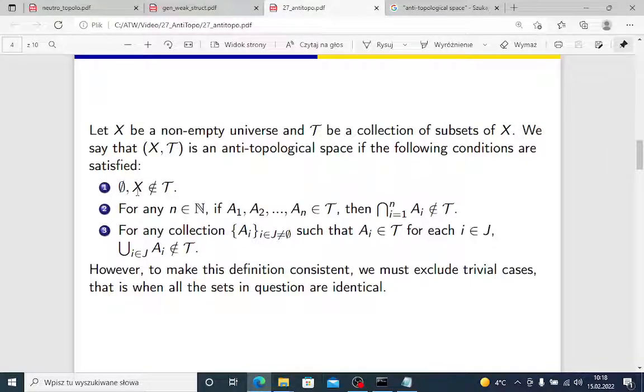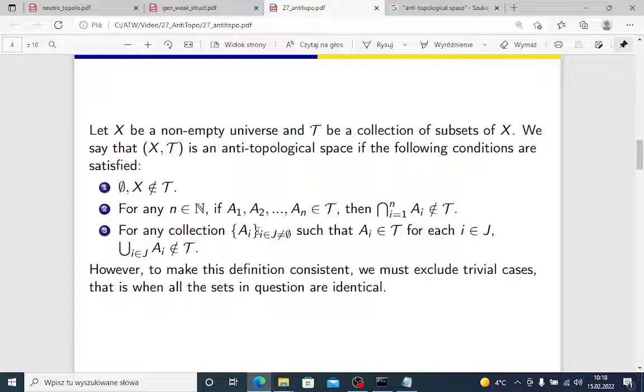We say that (X, T) is an anti-topological space if the following conditions are satisfied. The empty set and X do not belong to T, and for any natural number n, if we have a finite collection of subsets taken from T, then their intersection is not in T. And for any family A_i, finite or infinite or maybe even uncountable, such that A_i is in T for each i in J, their union is not in T. To make this definition consistent, we must exclude trivial cases, that is, when all the sets in question are identical.